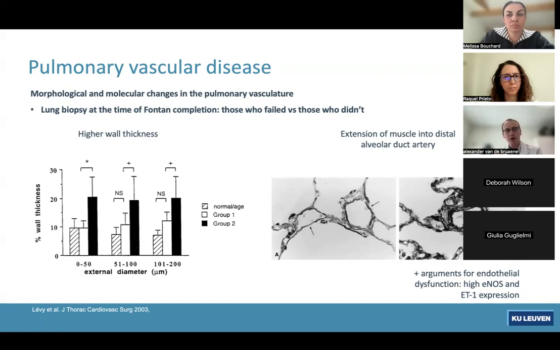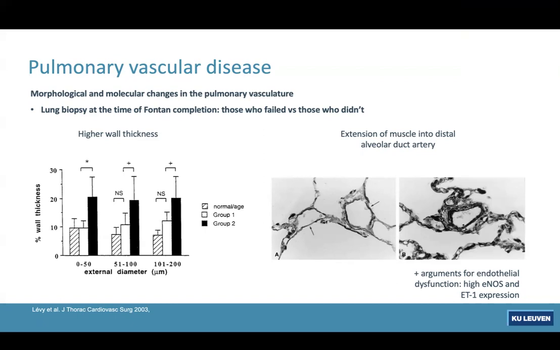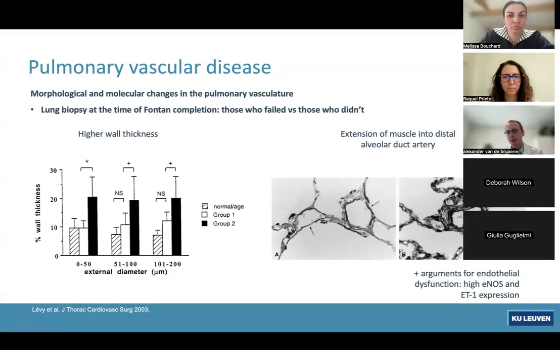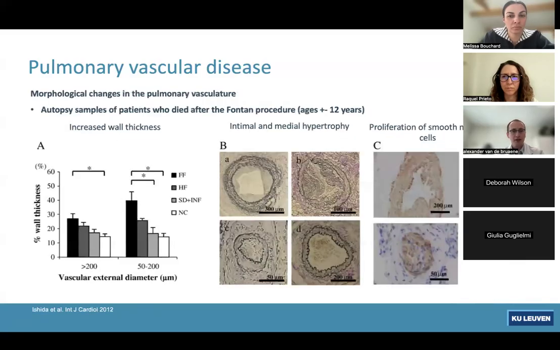But there are also some arguments to say that it's not exactly the same thing, though some things look similar. For example, there's endothelial dysfunction. There is a high expression of nitric oxide synthase and endothelin 1, which would be an argument in favor of pulmonary vasodilators.